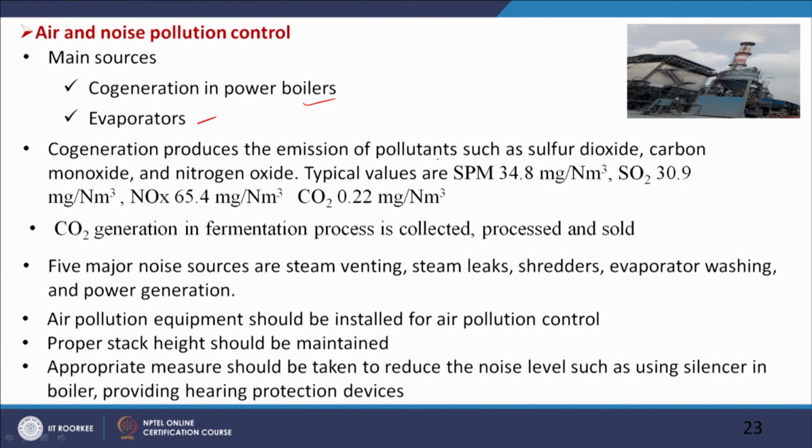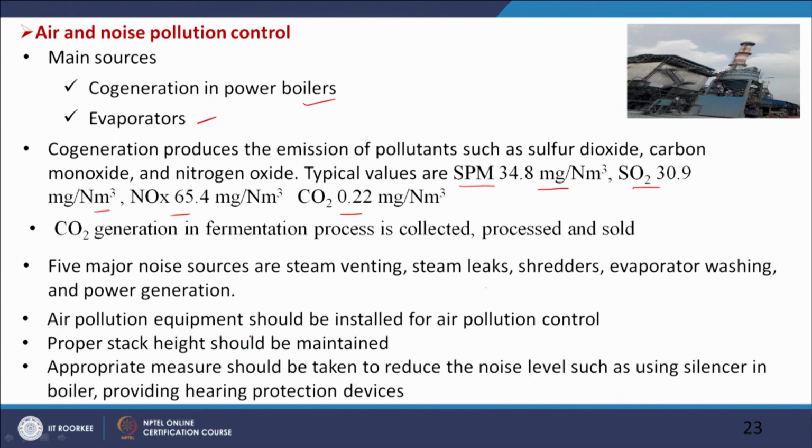Cogeneration produces emissions of pollutants such as sulfur dioxide, carbon monoxide and nitrogen oxides, and typical values are SPM 34.8 mg per normal meter cube, SO2 30.9 mg per normal meter cube, NOx 65.4 mg per normal meter cube, CO 0.22 mg per normal meter cube, and CO2 generated in the fermentation process is collected, processed and sold, as we have mentioned earlier. Five major noise sources are steam venting, steam leaks, shredders, evaporator washing and power generation.